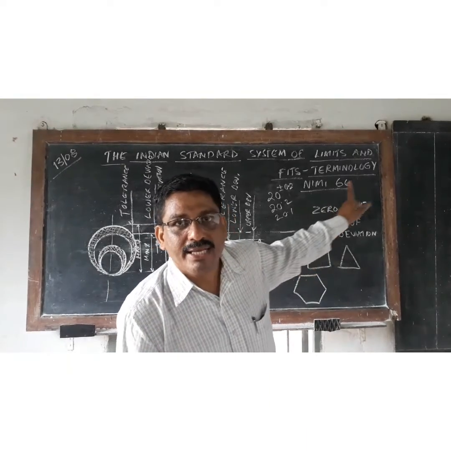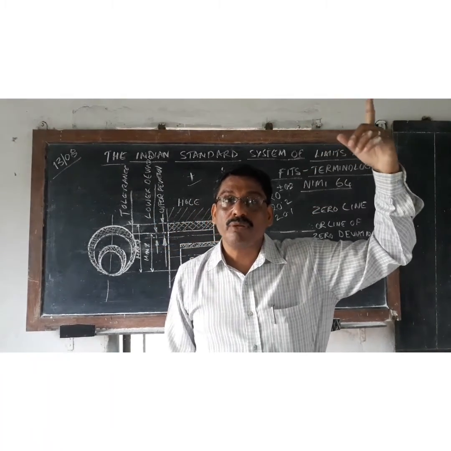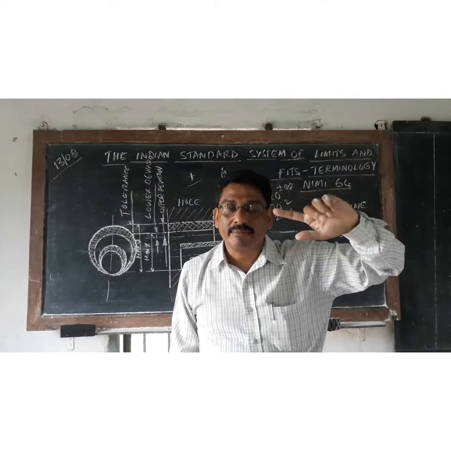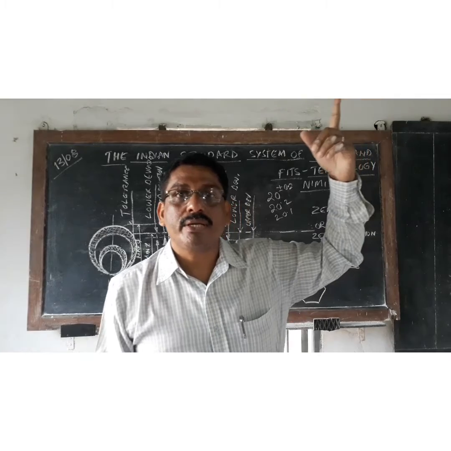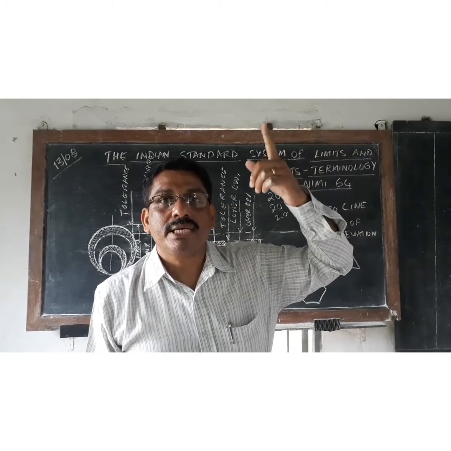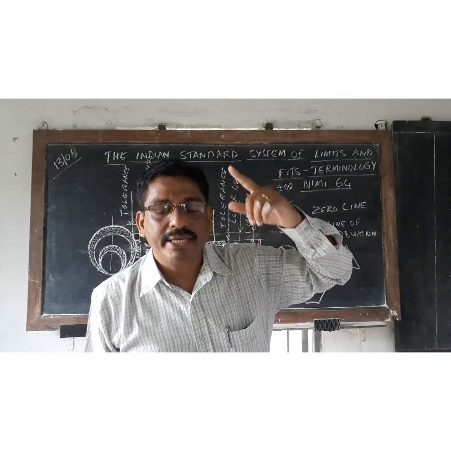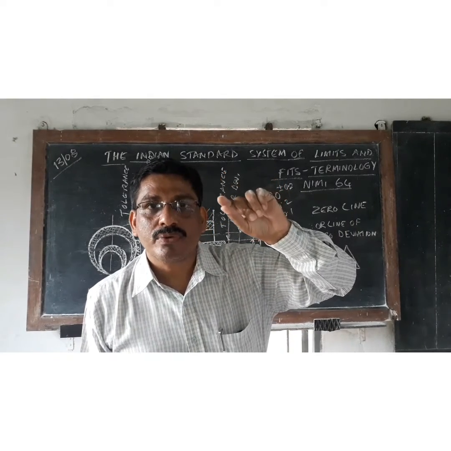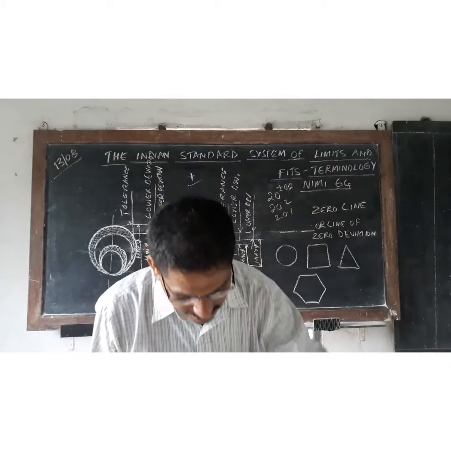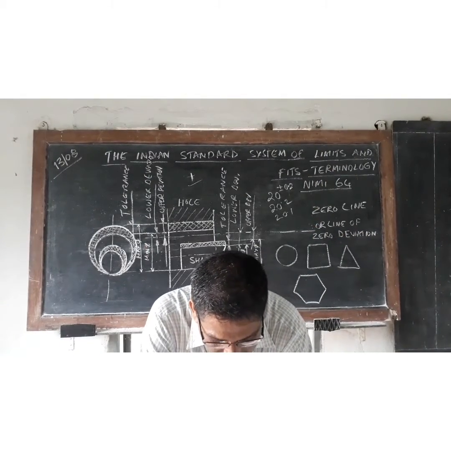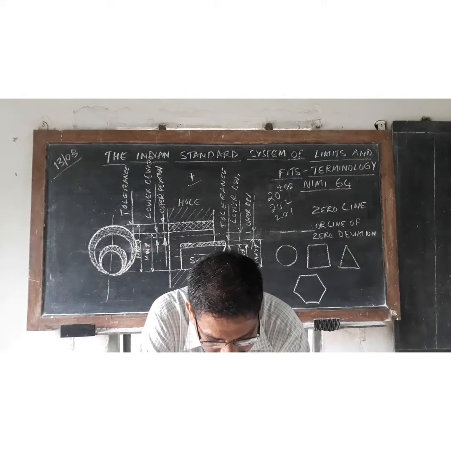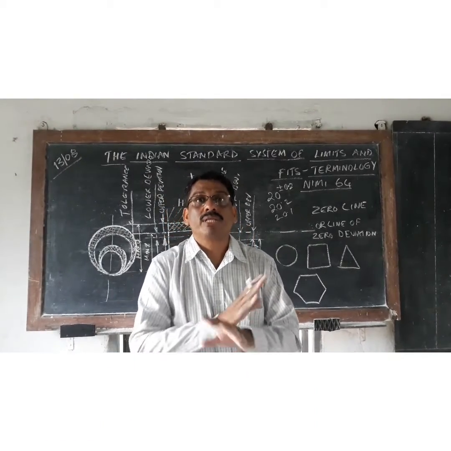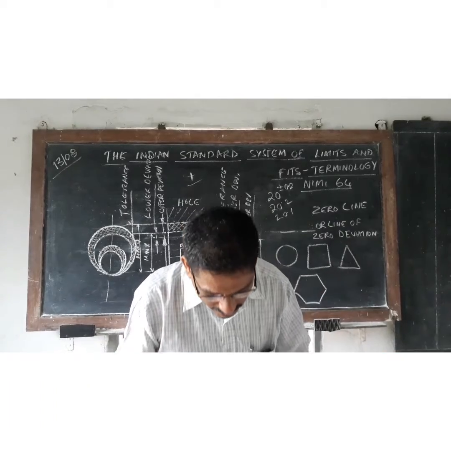We just did an example. The difference between the maximum limit 20.2 and the minimum limit 19.8 comes to 0.4, that is called tolerance. So it is always positive and it is expressed as a number without sign.